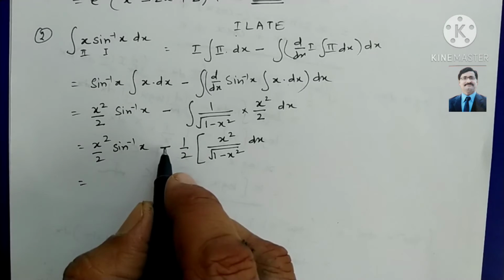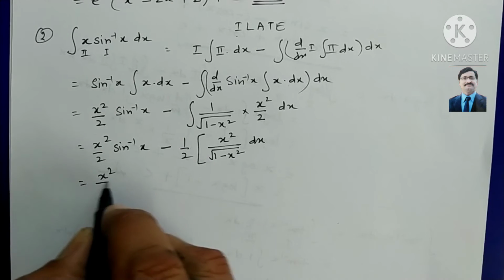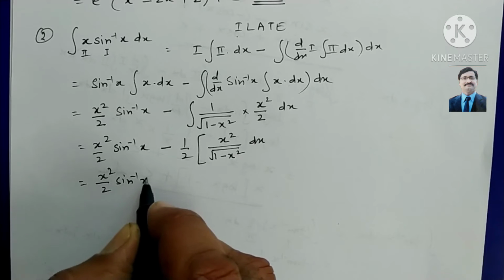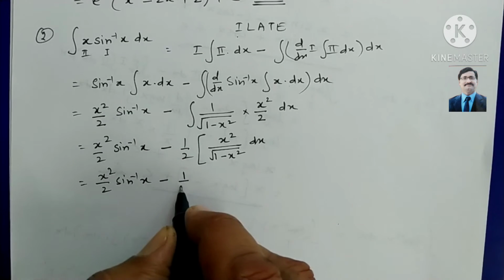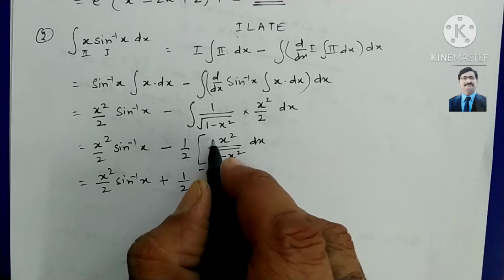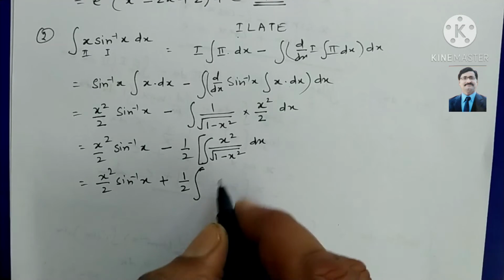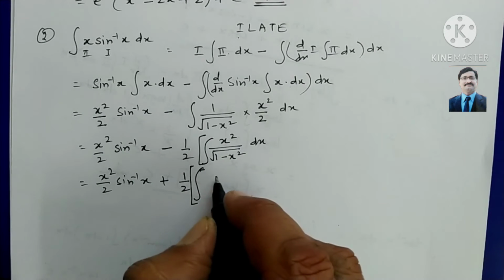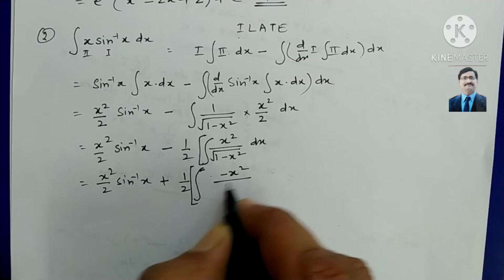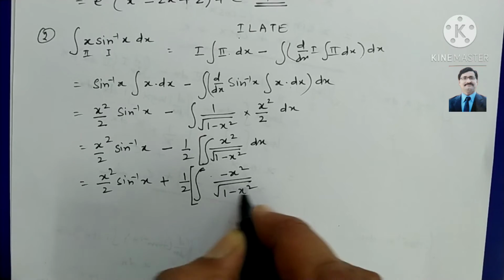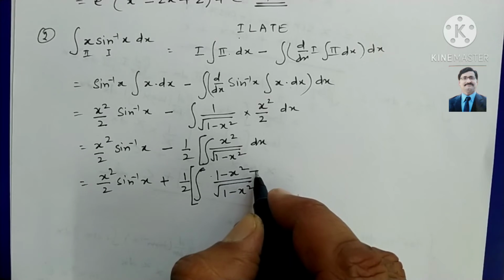Here we can write this minus inside, so we get x square upon 2 sin inverse x minus 1 upon 2 integral, and here is x square upon root 1 minus x square. 1 we add and 1 we subtract.